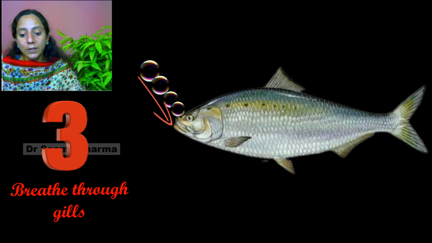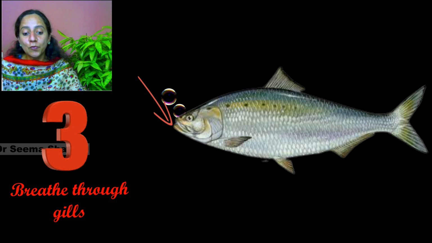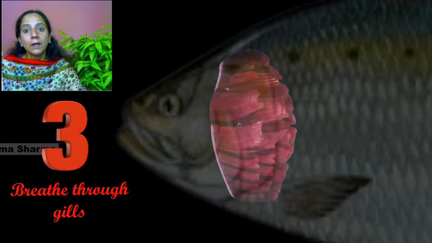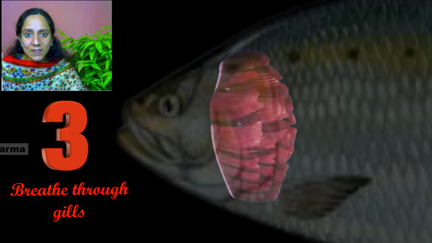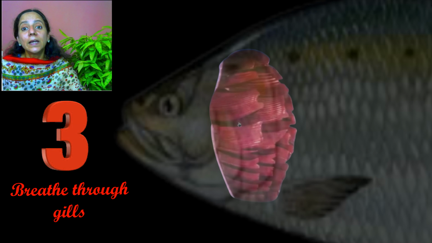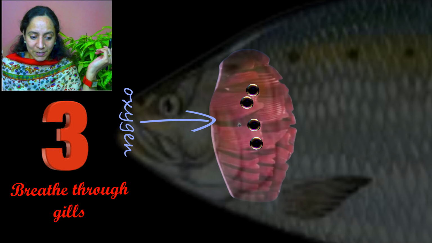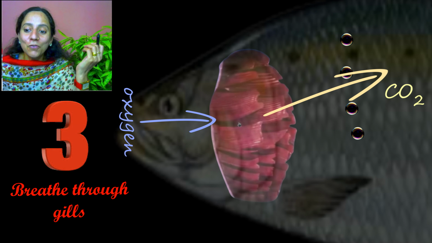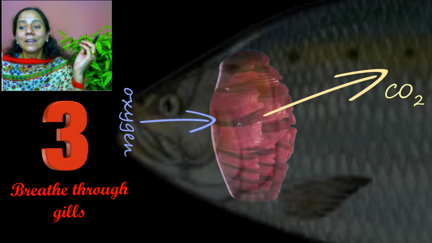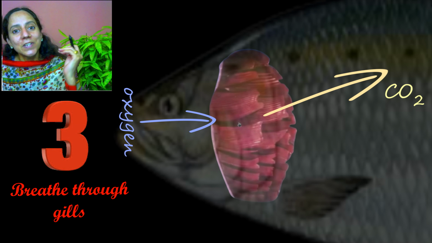So as the water enters through its mouth, it flows over the gills. Blood capillaries which are present in these gills help to take in oxygen and expel carbon dioxide through these gills. So there is filtering of oxygen through gills, and CO2 is released into the water.